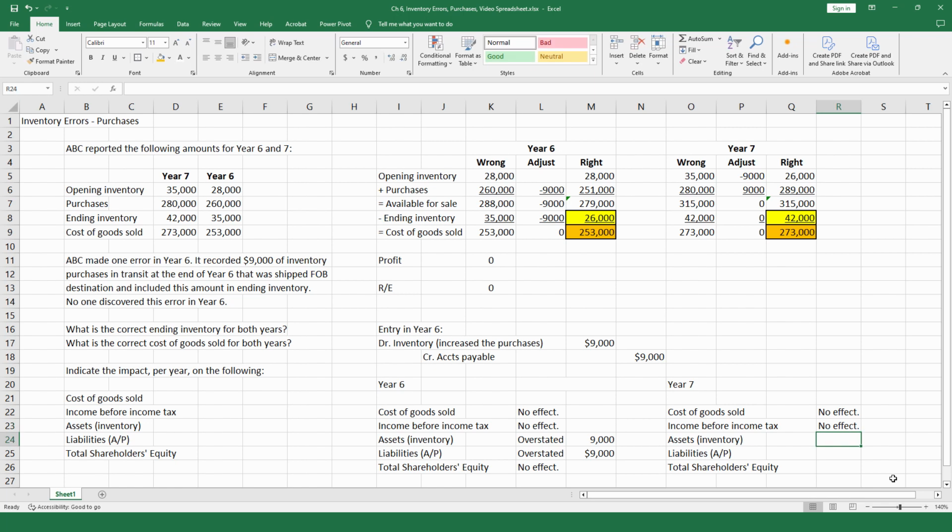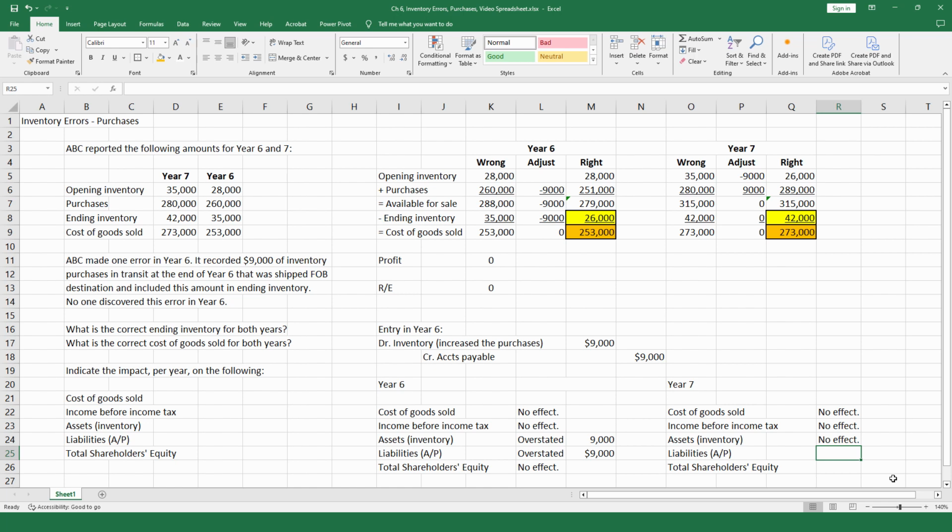Inventory, don't forget, inventory at the end of the year is not overstated or understated. It's perfect. So in this case, at the end of the year, there's no effect. Now, accounts payable. Remember that accounts payable is carried forward into the next year.